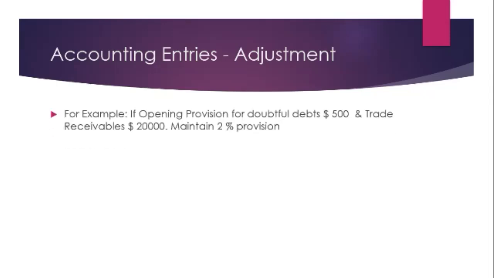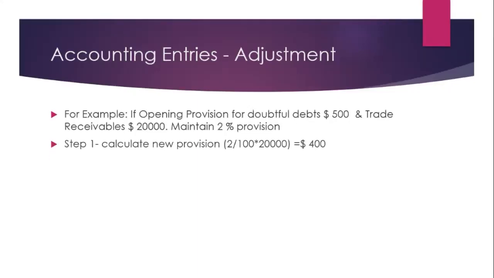For example, the opening provision for doubtful debt is $500, trade receivables are $20,000, and we are required to maintain a 2% provision each year. How are we going to work out this exercise?